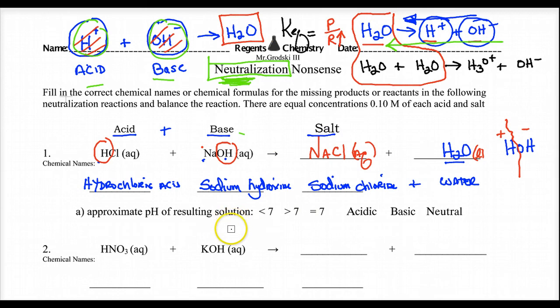Now, the approximate pH of the resulting solution is going to be 7. And the reason is essentially we matched all the H pluses with the hydroxides. And what was left over, the chloride ion and the Na plus, have no ability to ionize water.